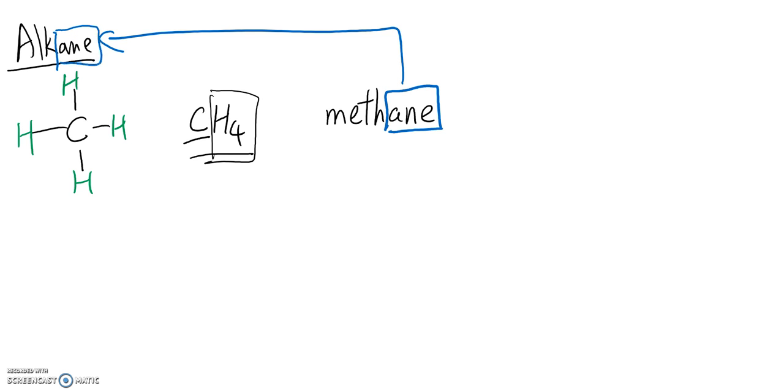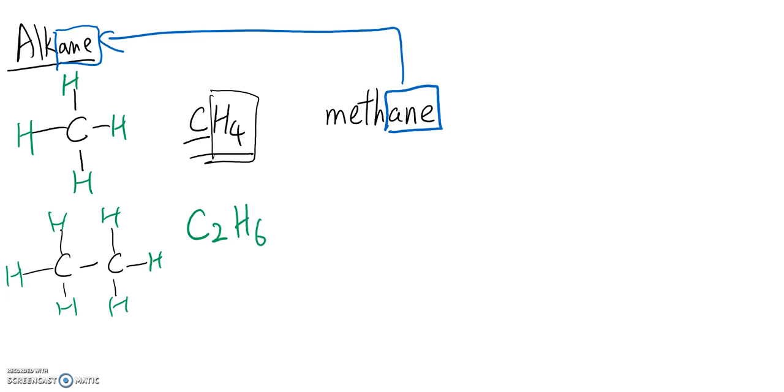So the second member of this homologous series, as you notice, should contain 2 carbons. But for 2 carbons, we have to add up a total of 6 hydrogen atoms. So if we try to write the molecular formula, we can simply write C2H6.